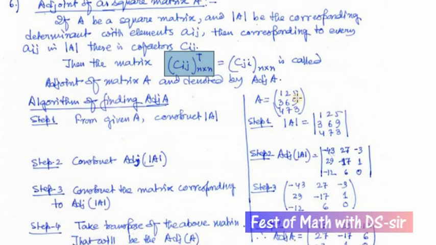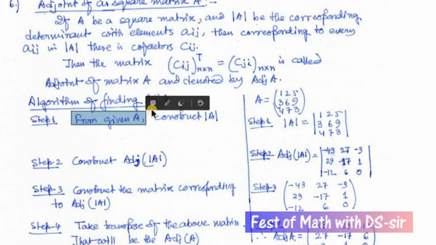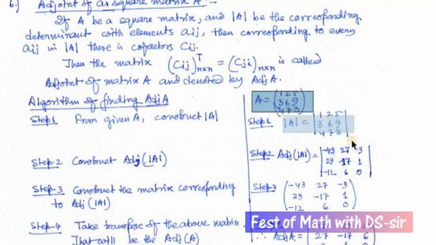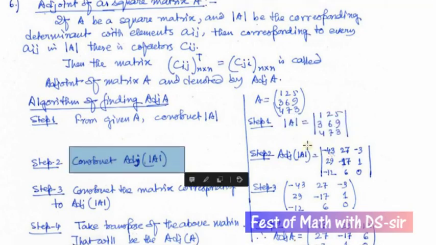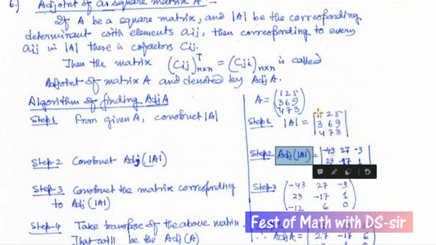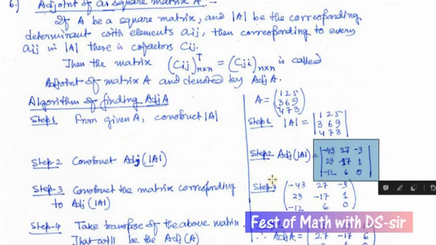See the process and example on the right hand side. Step 1, from a given A, construct det A. So this is the given A, I constructed det A. Construct the adjoint of det A. So in the adjoint of det A, the cofactor of 1 is 18 minus 63, that is minus 43. So that I have filled up. Corresponding to this adjoint determinant, I constructed this matrix.